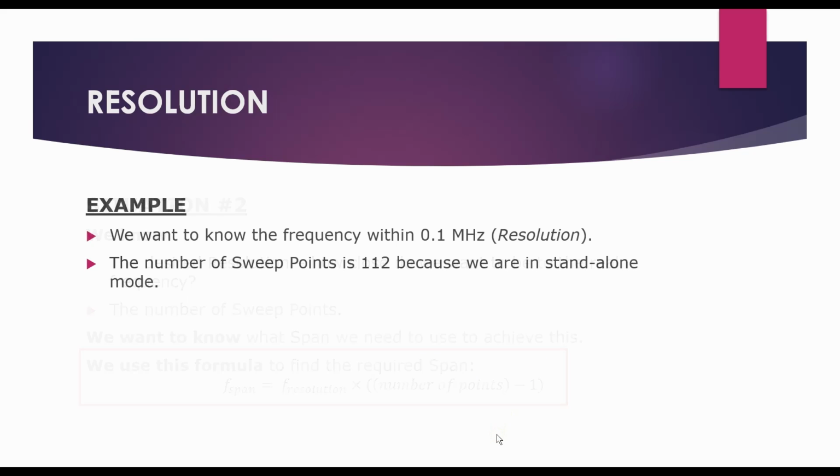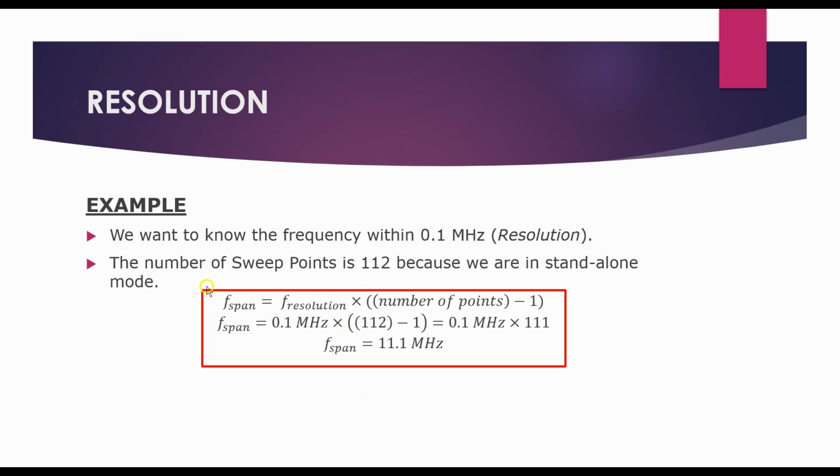So let's look at our example. Suppose we're out in the field and we want to make sure that the resolution of our measurement is within 0.1 megahertz. The number of sweep points is 112 because, again, we're in standalone mode. And so we break out our equation.